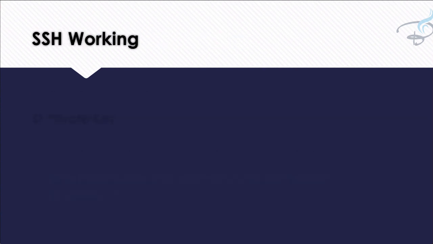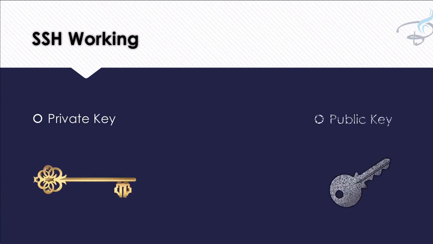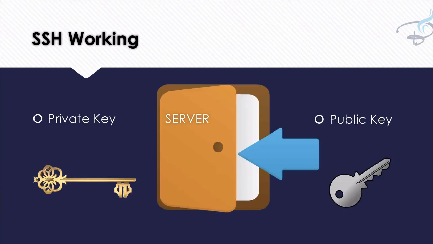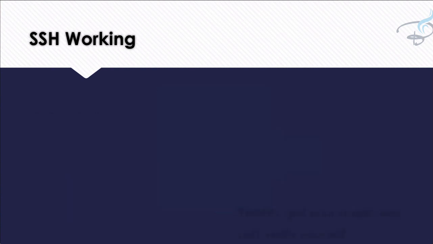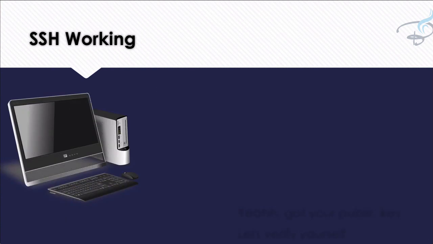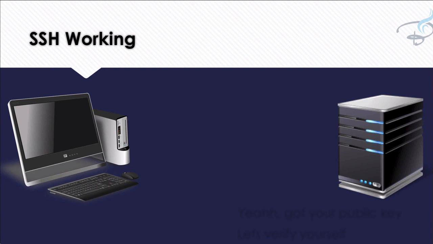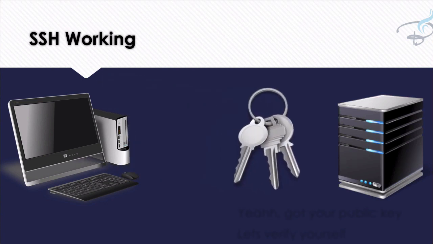So now comes how an SSH key works. You have a private key and a public key and you want to access the server. So how will you perform this action? From your local computer, you want to access the server, but firstly you have to verify yourself. So you pass all the public keys you have on your system to the server.